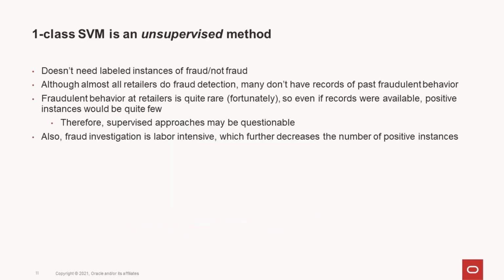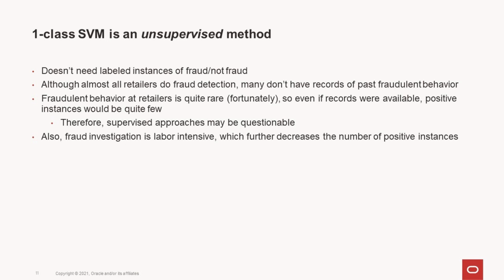So the important point here is that the one class SVM is an unsupervised method. Normally we use SVM in a supervised mode, as a binary classifier, but we're not doing that here. So we don't need labeled instances of fraud and not fraud. Why is this an advantage here?